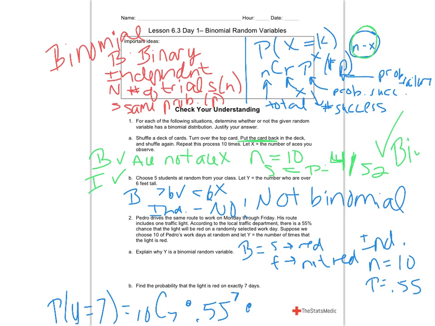And then I'm going to multiply that by my probability of failure, which is 1 minus 0.55, and how many times it's going to fail, which would be 10 minus 7, my total number, minus my amount of times it failed. And that will give me 0.166. Okay, and so that's how we're going to do binomials, and we will practice them lots and lots.